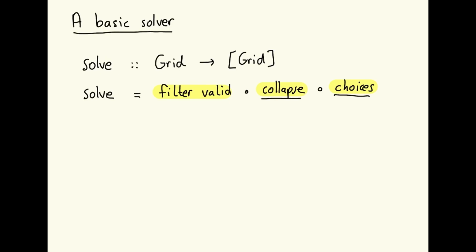Then you apply the collapse function, which considers each possible value in each cell by considering all possible combinations of those values. And then finally, we filter out the resulting grids which are valid, so they satisfy the basic rules of the game, that there are no duplicates in any row or any column or any box. So this is essentially a one-line program that solves Sudoku puzzles.